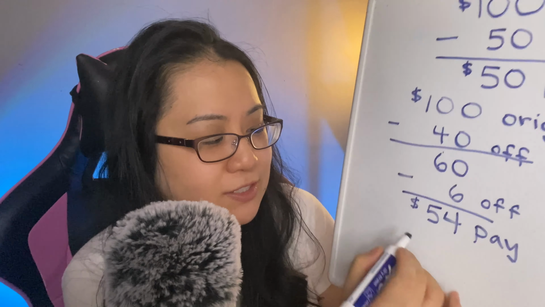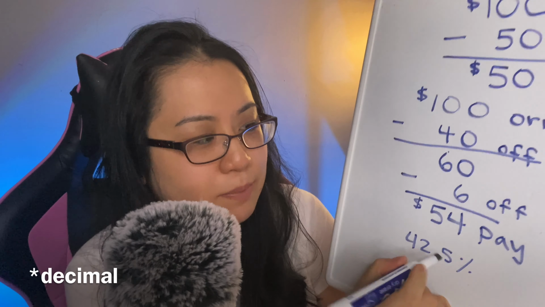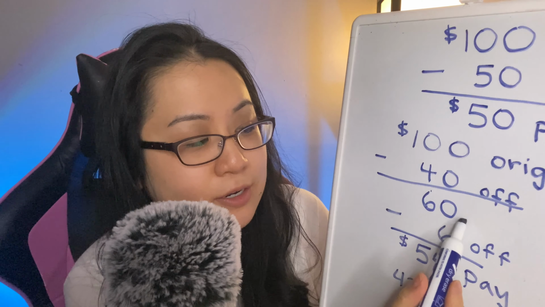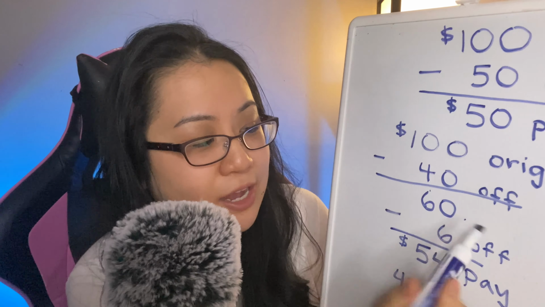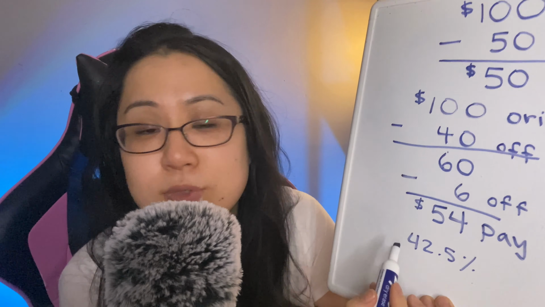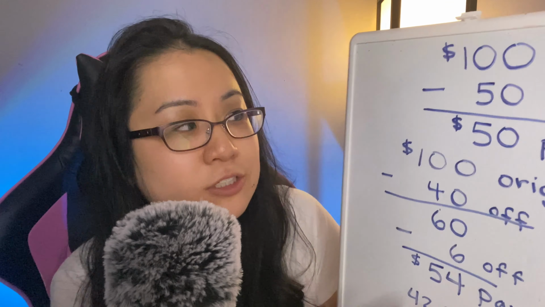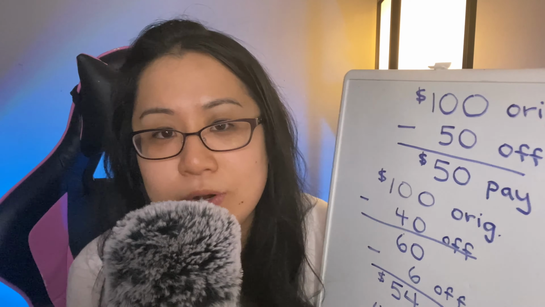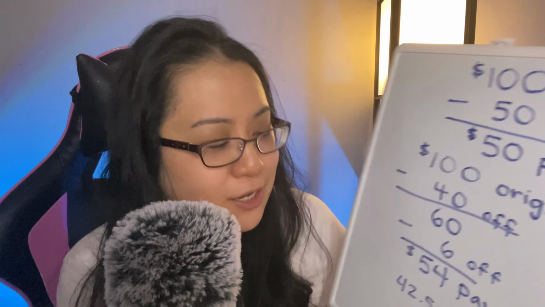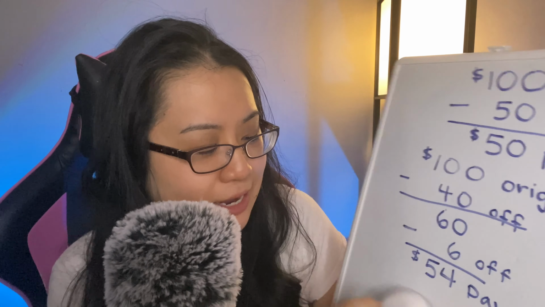If you don't have one, if it's like 42.5%, then you already have a decimal point. But if you don't have one, then you plop one in at the end of the number, because you can pretend that there are a bunch of zeros after that decimal. And then you move it over left, shoop, 2 over, and get rid of that percent, just because it literally is working out of 100, and that's how you divide by 100. So this has everything to do with decimals and how the base 10 system works.